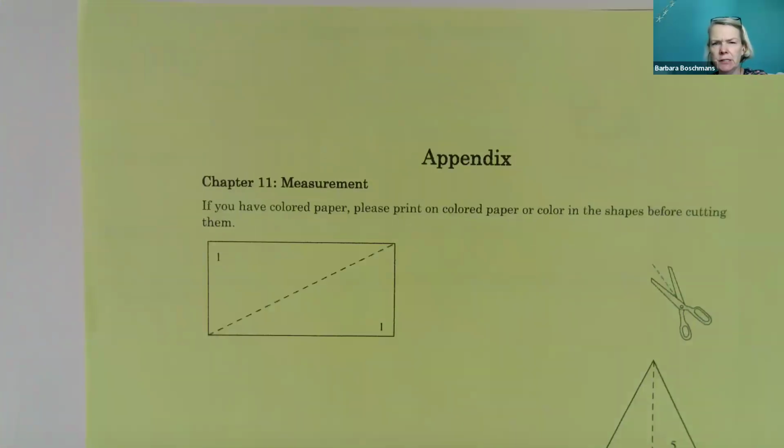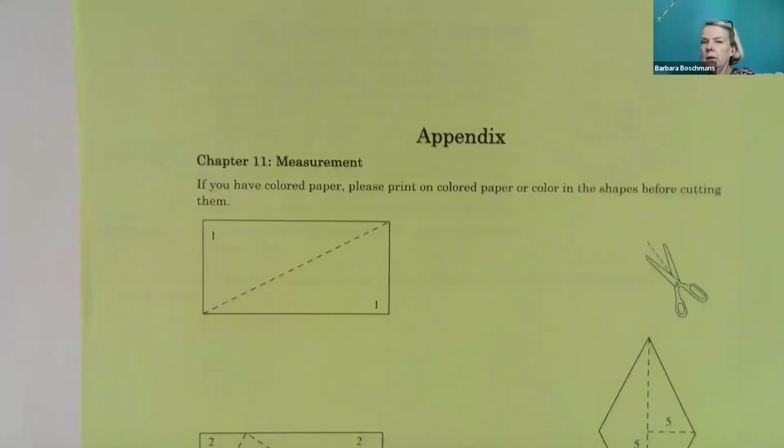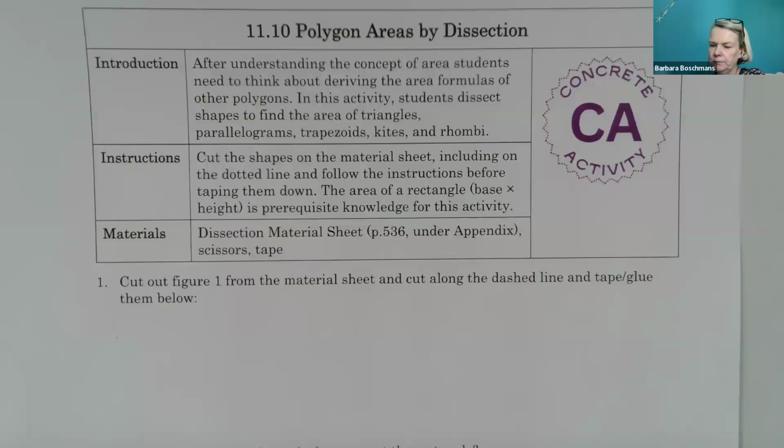The very first thing we need to do is cut out the rectangle that is numbered 1, including along the diagonal line. So we can go ahead and cut these out.